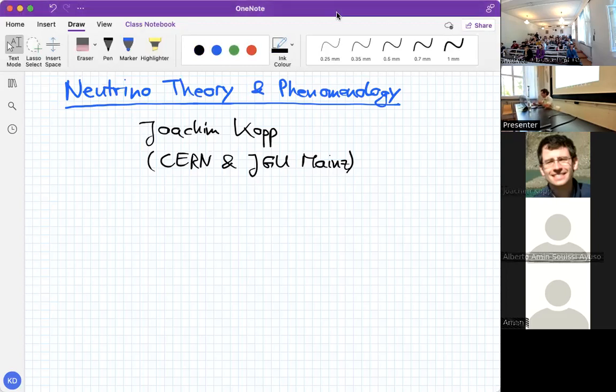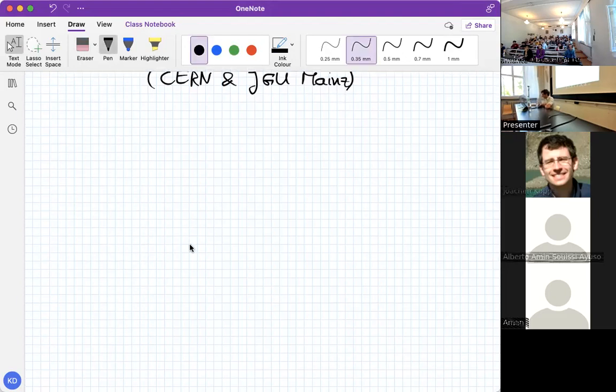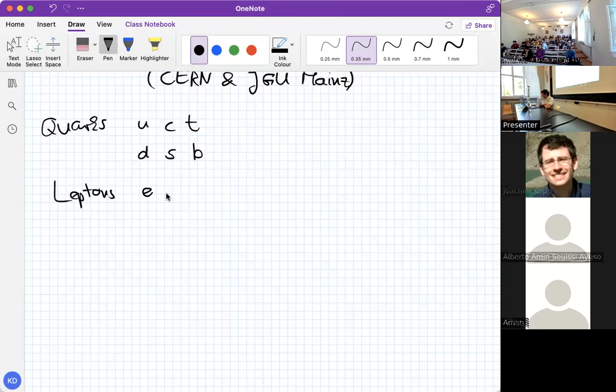Right. So the starting point for neutrino theory and phenomenology is, of course, how neutrinos fit into the standard model. You know that the standard model has this intriguing three-family structure with the 6 quarks, up, down, charm, strange, top, bottom, and the 6 leptons, e, mu, tau, and the corresponding neutrinos.